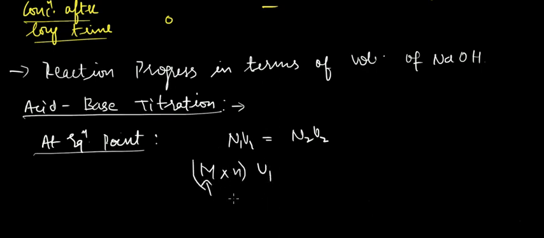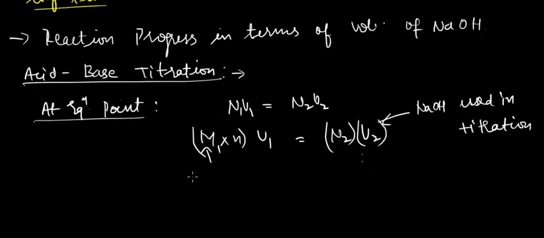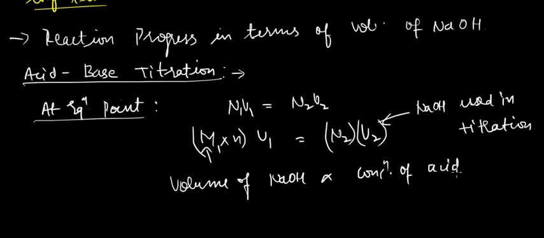This M is the concentration of the acid present in the mixture, and N2V2 is the volume of NaOH used in the titration. So from here we can see that the volume of NaOH needed is directly proportional to the concentration of acid.